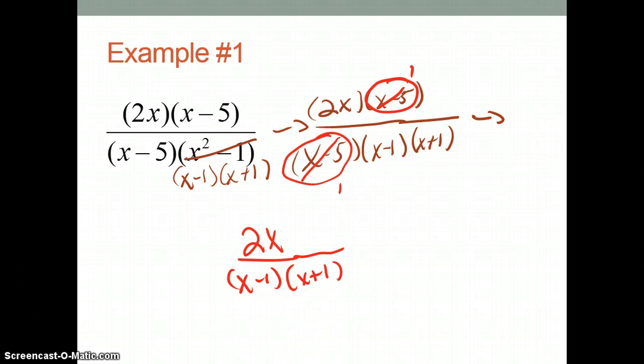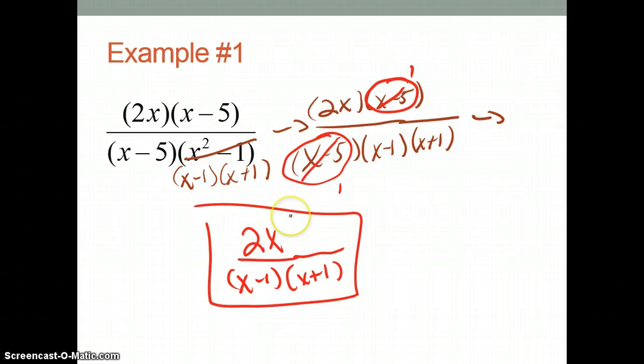This form is completely acceptable. This is actually the form that we want to keep this problem in when we have it solved. Notice nothing else can be factored and nothing else can be canceled. And if you want to leave that top 2x in parentheses, you can definitely do it like that too. Our ultimate goal here is to factor things and then find what is on top and what is on bottom, what matches, and those always go away because we're dividing by that.